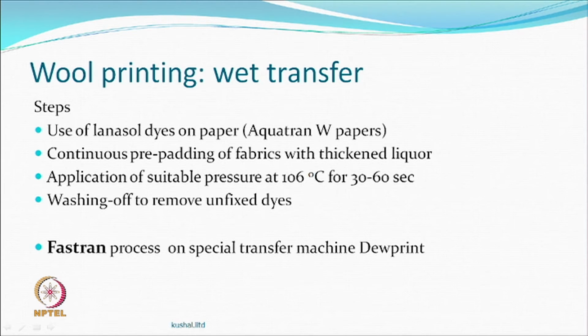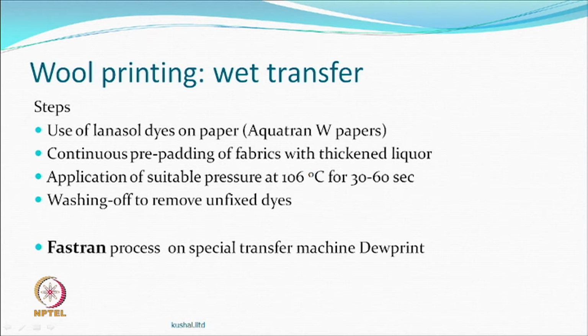Steps of this particular fast-tran process: they used first Lanasol reactive dyes, and the papers that were printed were called the Equatran W papers, which are commercial. One important thing is that because sometimes they will be coming in contact with water, some coating etc. was required. So, Lanasol dyes on paper.